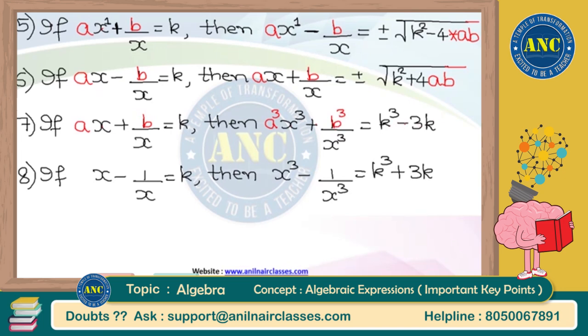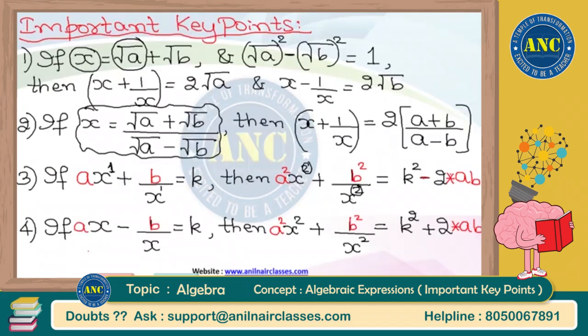Instead of k cube minus 3k, it becomes k cube minus 3k with this 3k multiplied with the coefficient of x, that is a, and the coefficient of 1 by x, that is b. Same thing here. If ax minus b by x is equal to k, a cube x cube minus b cube by x cube is k cube plus 3k was the original case earlier, but now I should multiply with the coefficient of x, that is a, and coefficient of 1 by x, that is b.